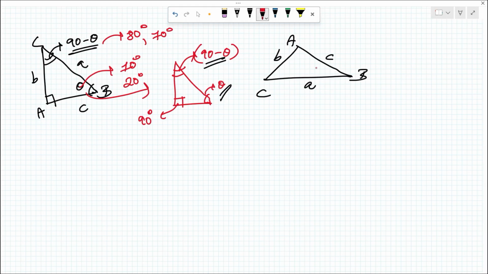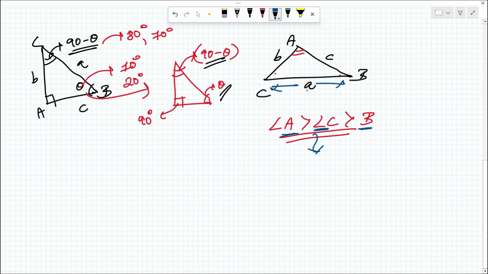Suppose I find out that angle A is greater than angle C, and that is greater than angle B. Then that means that the length of side opposite to angle A, that is length of side a, must be greater than the length of side opposite to angle C, and that must be greater than the length of side opposite to angle B.